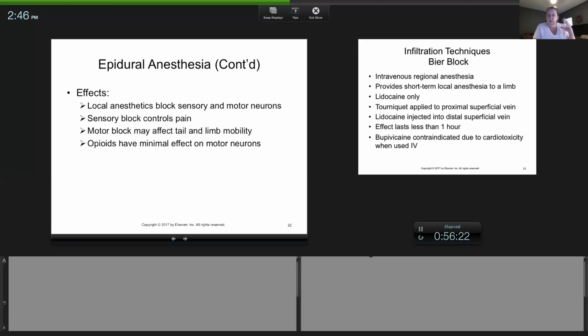It's not going to numb or make them not able to use their legs. Morphine tends to not affect the motor nerves as much as lidocaine or bupivacaine. So again, the benefits to giving those, and the things we have to watch for.